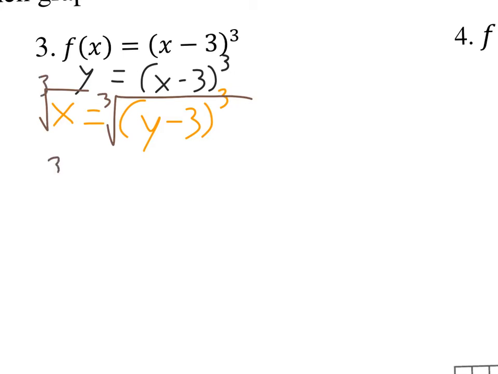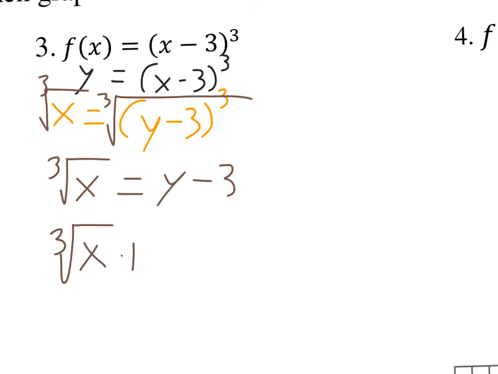So we have the cube root of x is equal to y minus 3. We move that minus 3 over to give us the cube root of x plus 3 is equal to y.